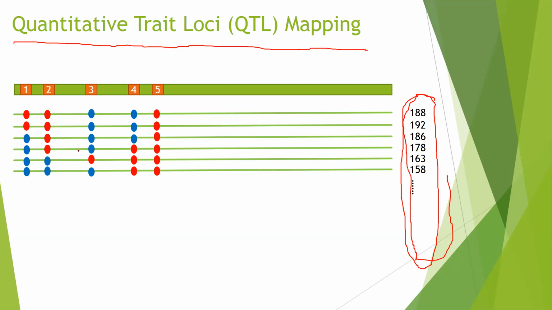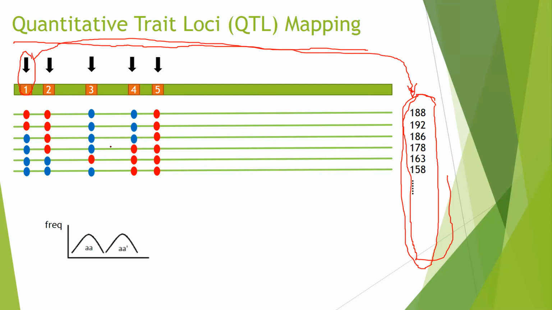Now we can test each marker to see if the distribution of the marker is associated with the distribution of the phenotypes here. Let me give you an example. When we look at the first marker, there are two genotypes.